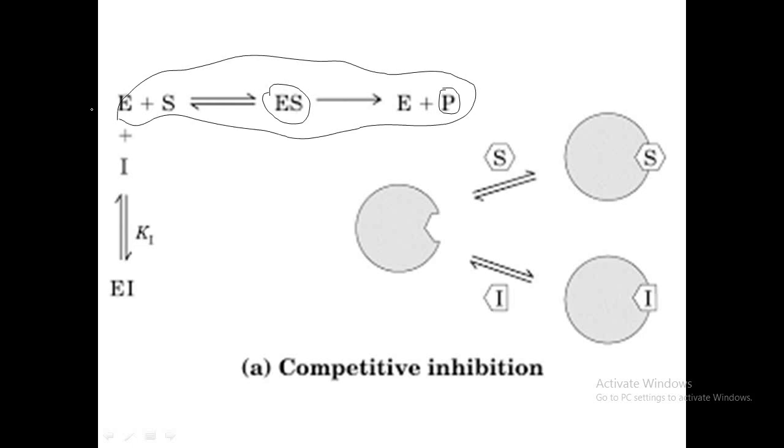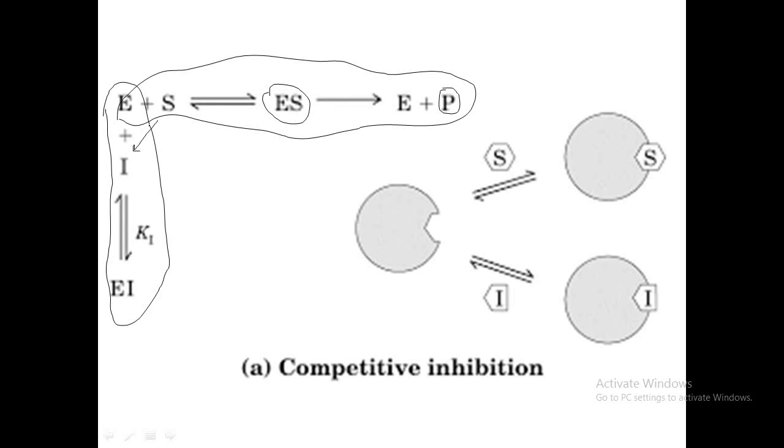But what happens when a competitive inhibitor is present? I have told you that there is a competition, because both the substrate and the inhibitor are highly similar in structure.